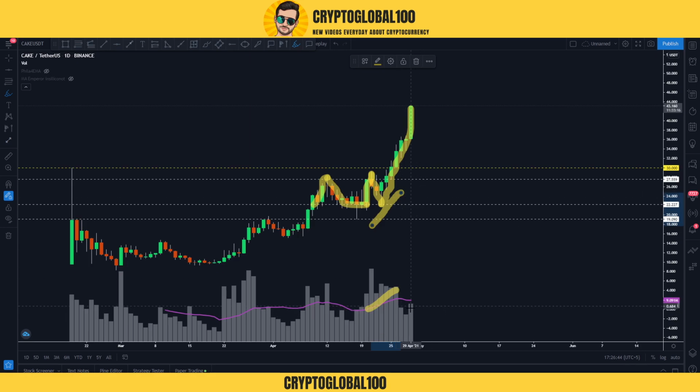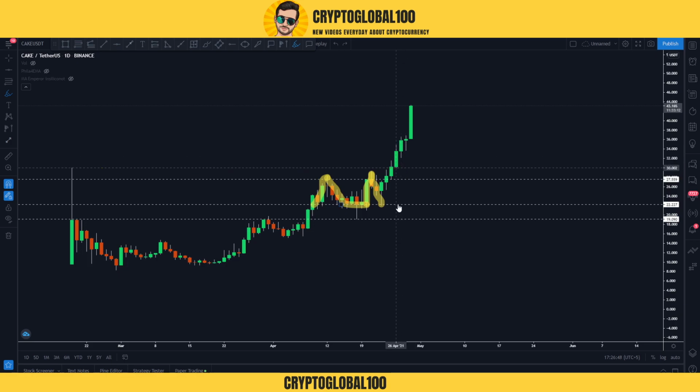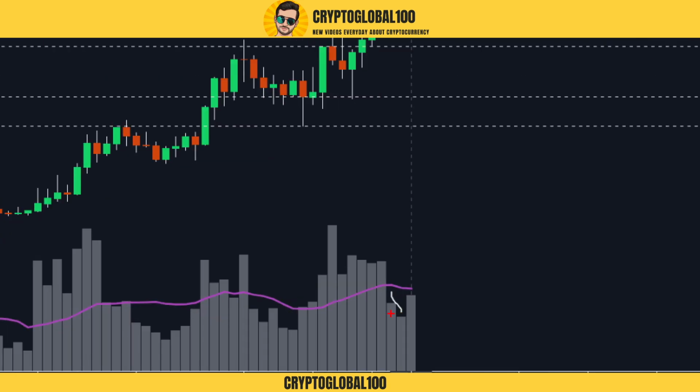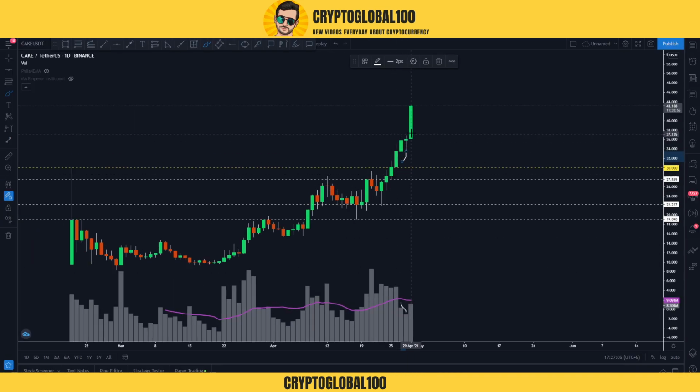But now, these two candles, if I turn everything off and look at the volume here, the volume was low but the price was moving high. But the third candle has crossed this zone and is now up. It means the upward move is supported by good volume.